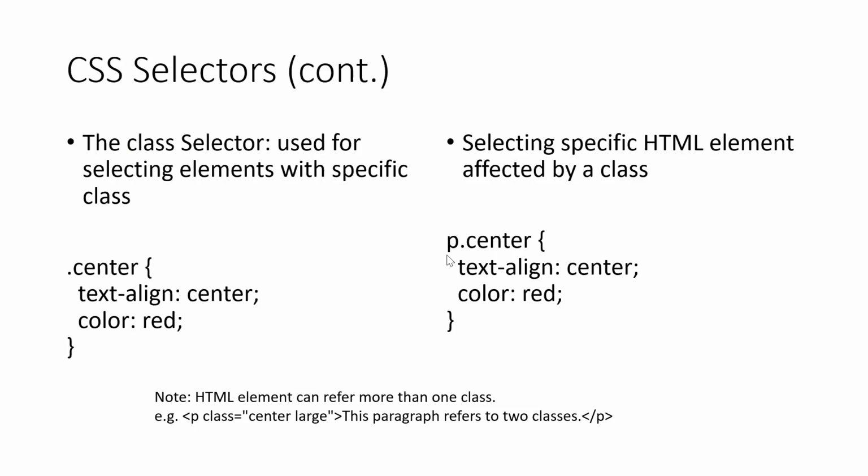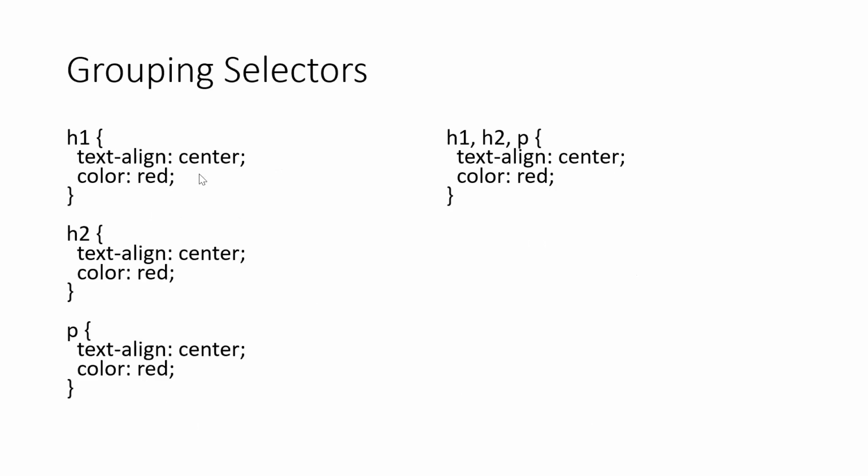For example, here, when you have a paragraph with the class of center, we can define how it should look. Remember that HTML elements can have more than one class, right? So you can refer to two classes when you're defining elements.